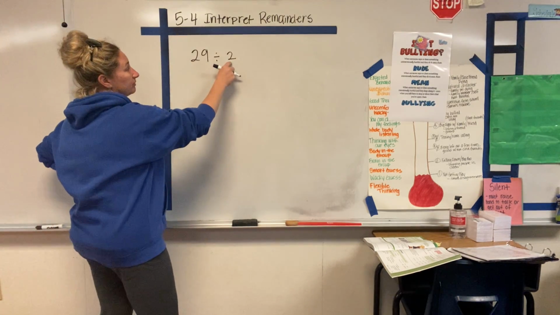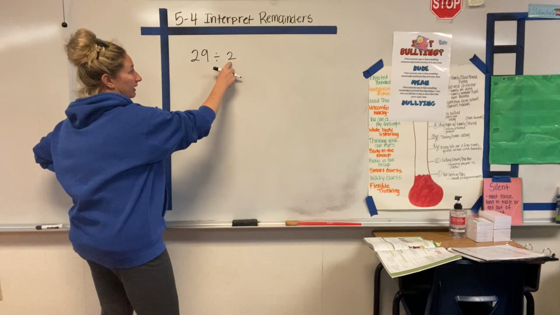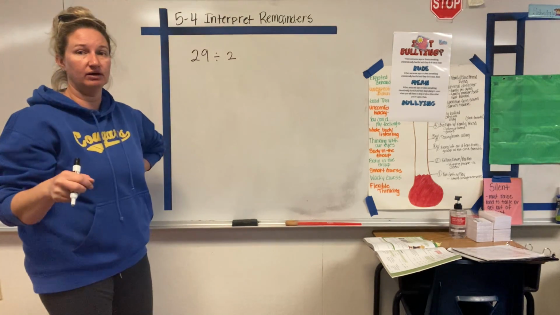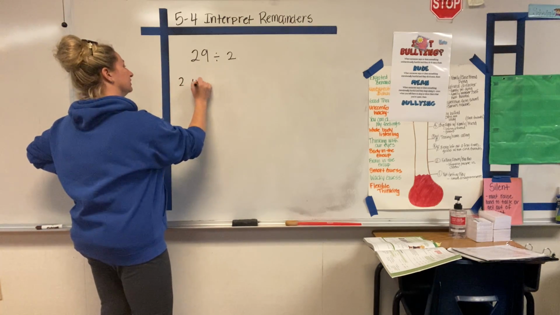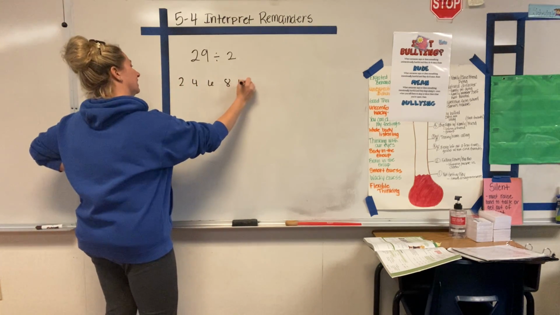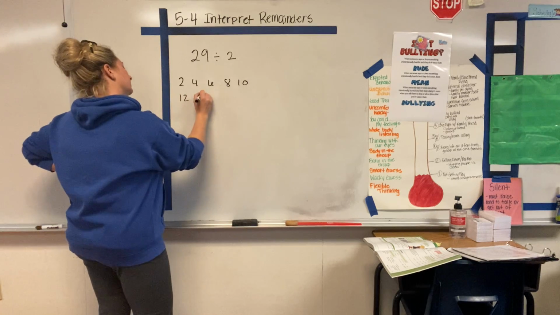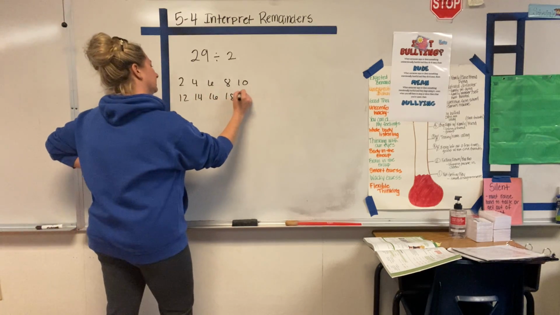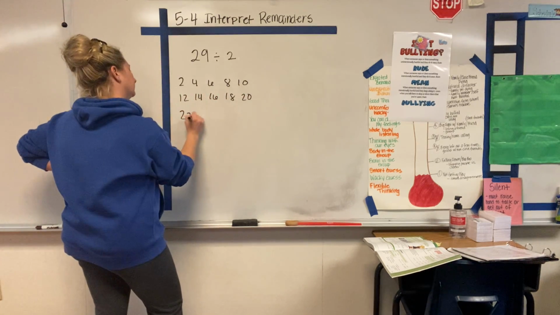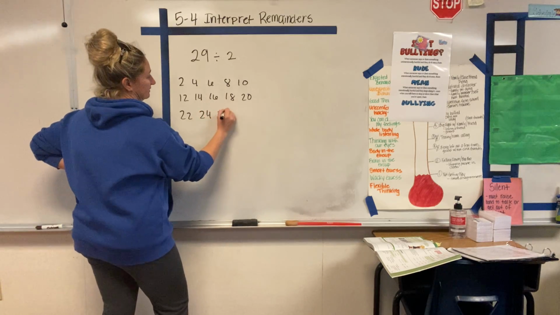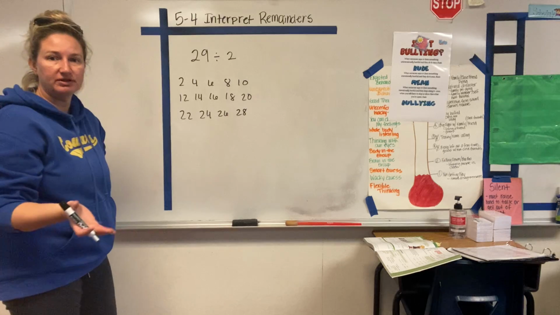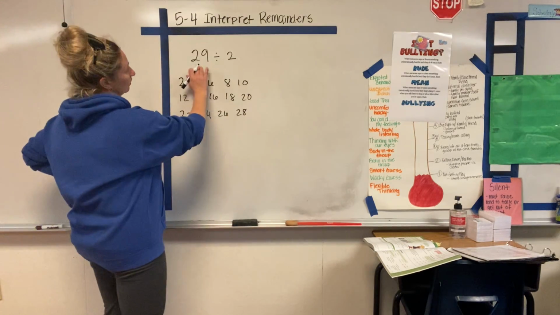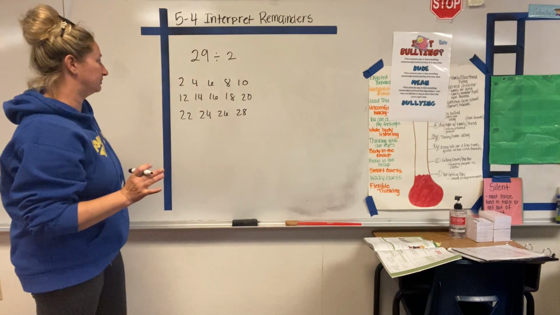You would either count by your multiples of 2, okay, or divide using the algorithm. So if I'm counting by my multiples of 2, that's 2, 4, 6, 8, 10, 12, 14, 16, 18, 20, 22, 24, 26, 28, and I'm not going to go any farther because that would be 30, and that's more than what I have. So I have to stop at 28.